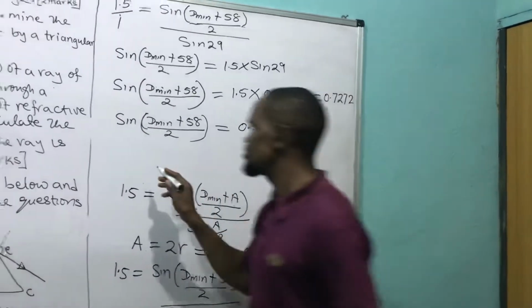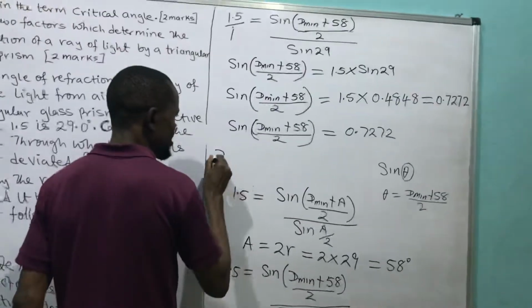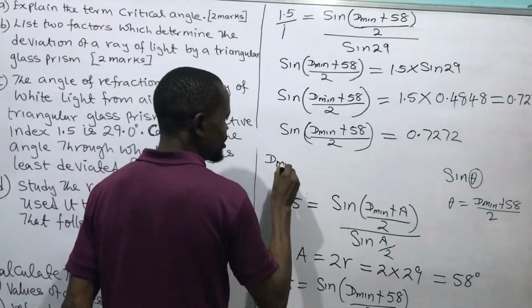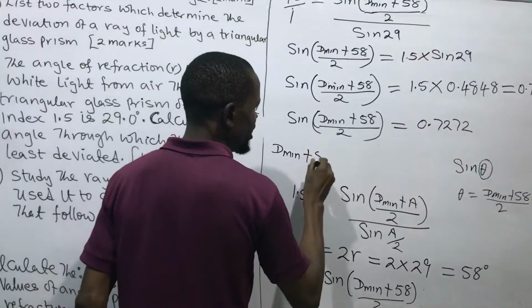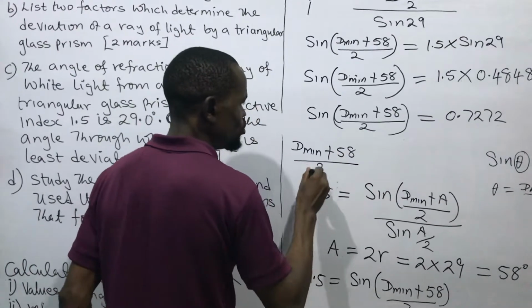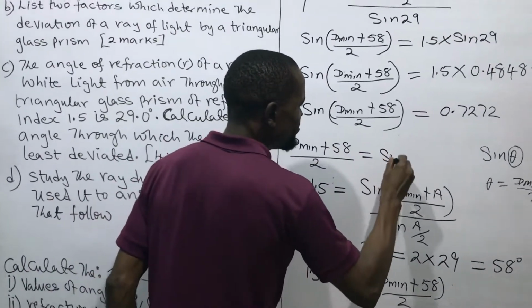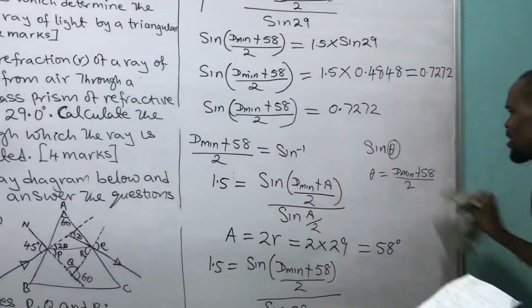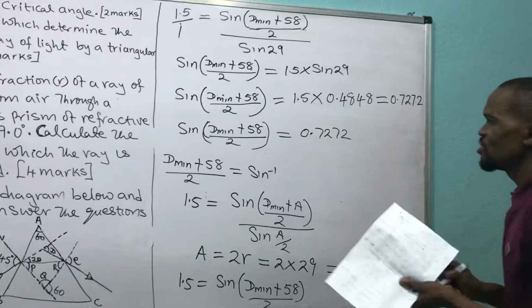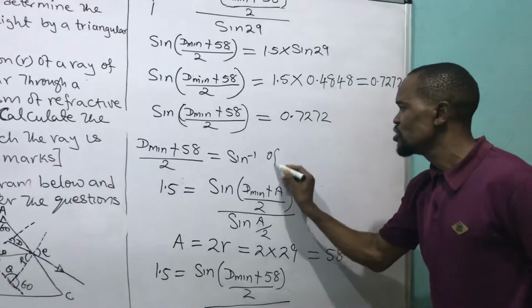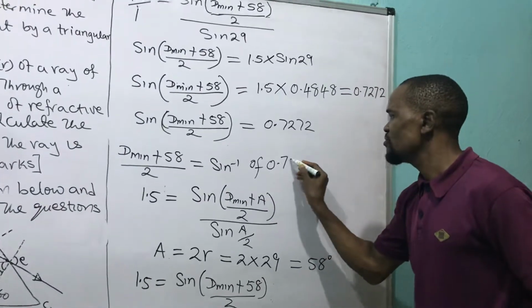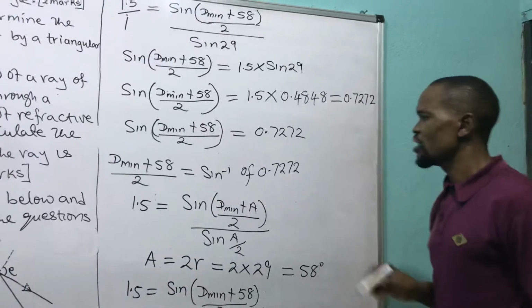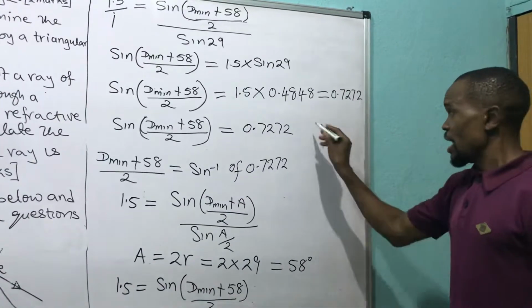So I can now simply say that dim plus 58 all over 2 is equals to sine inverse of 0.7272. Understood? How?